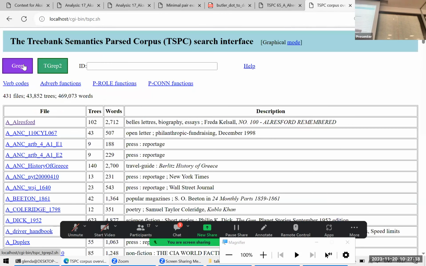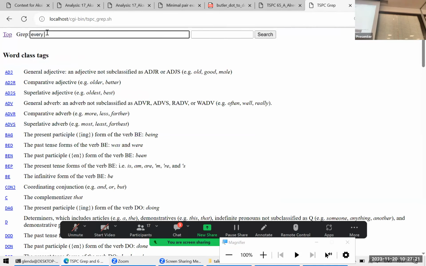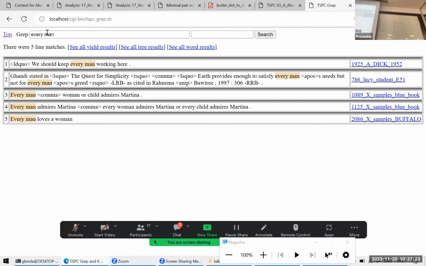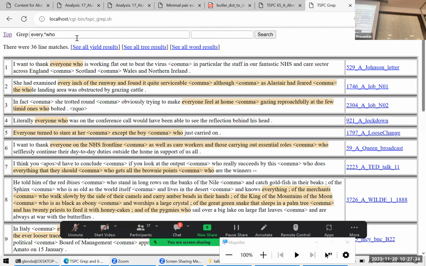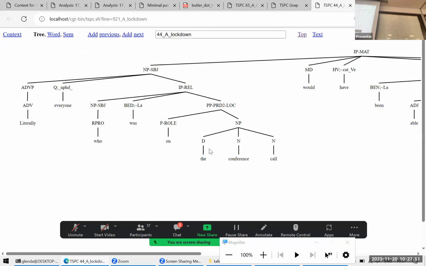Every man. Oh, yeah. Okay. Well, the very first one: everyone who's working flat out is already a relative clause. Literally everyone who was on the conference call would have been. Yeah. This is nice. Okay, so this is the kind of thing that you're talking about.